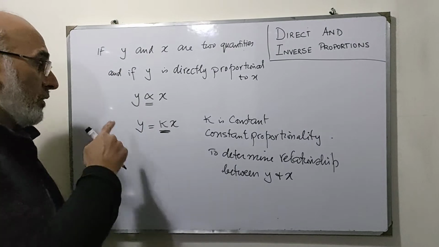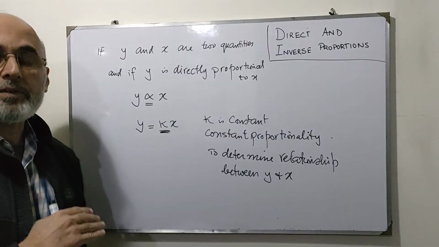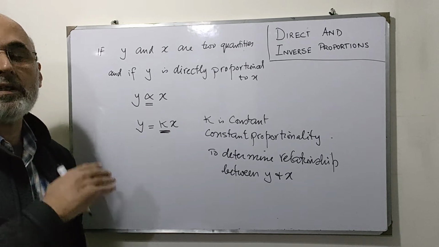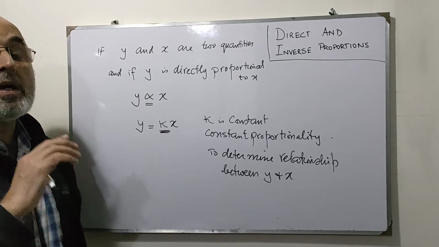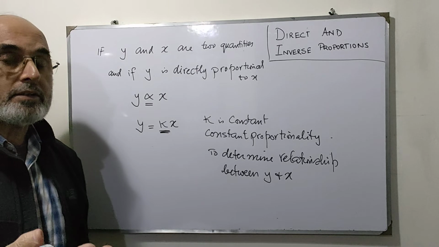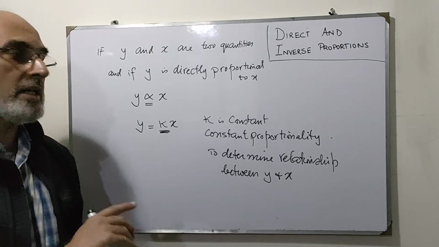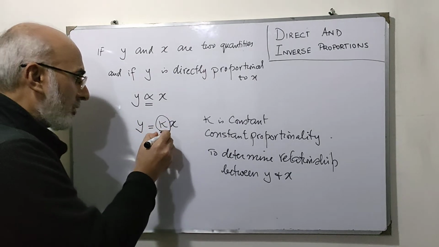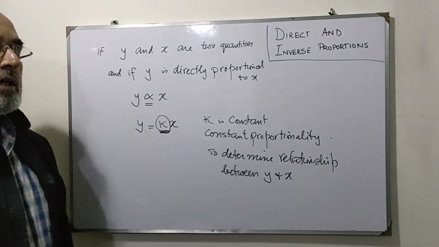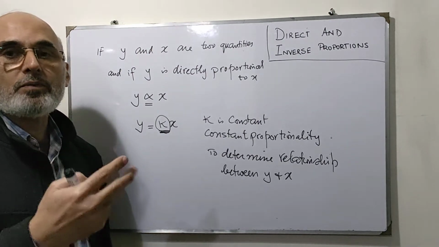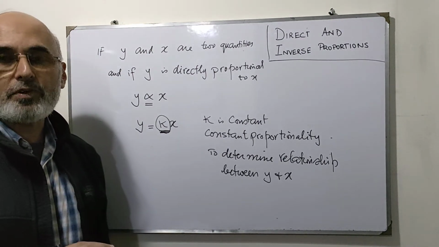It is true that y and x are directly proportional. If x is increasing, y is increasing. If x is decreasing, y is decreasing. But are they increasing or decreasing at the same rate, or at a different rate? For that matter, we have this constant k, which determines the relationship between the two directly proportional quantities, right?